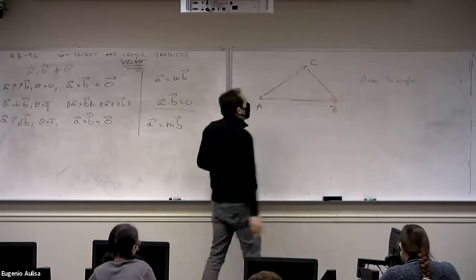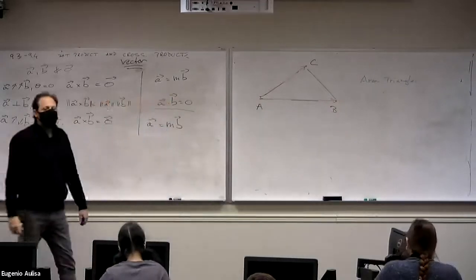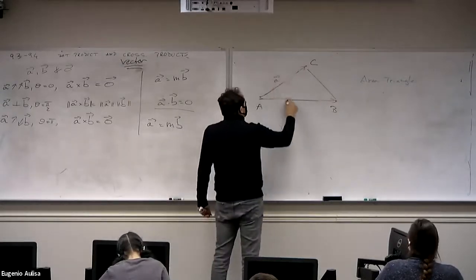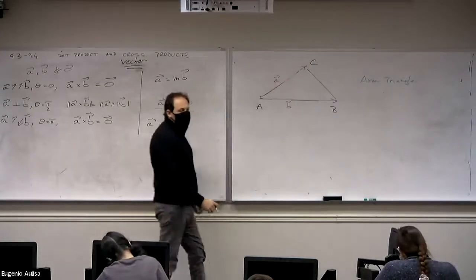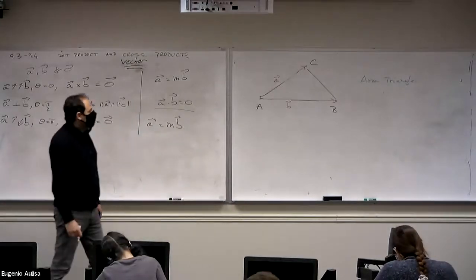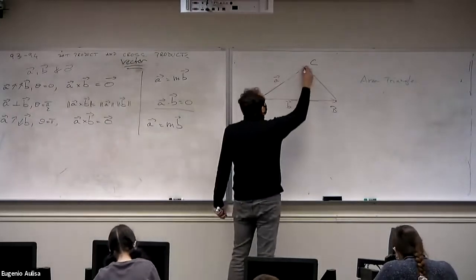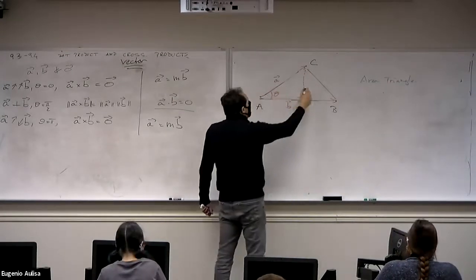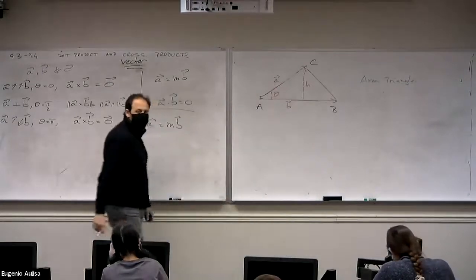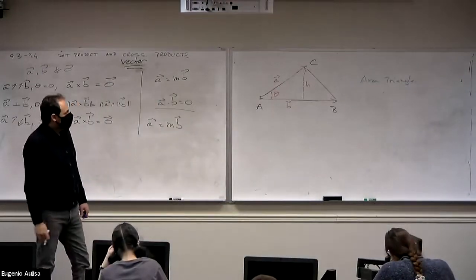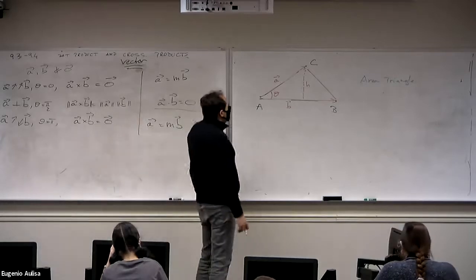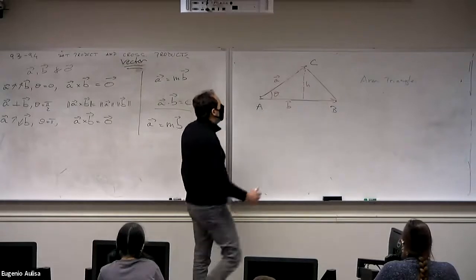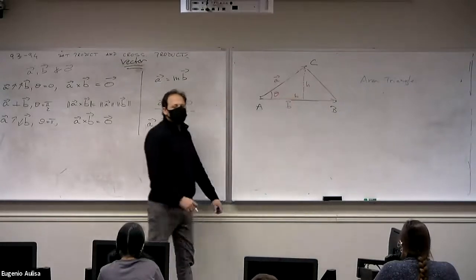Once you have the coordinates of A, B, C, you can define two vectors A and B. Then the height of this triangle, let's call H the height of this triangle, B the base of this triangle.